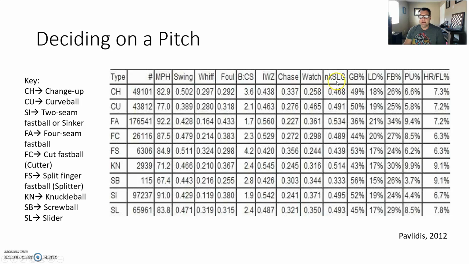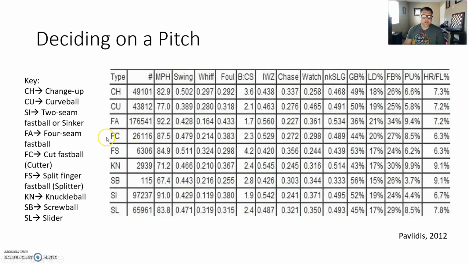The NKSLG is your non-strikeout slugging percentage. So just as we had BABIP, which is batting average on balls in play, or your non-strikeout batting average, the NK slugging is your non-strikeout slugging percentage. GB, ground balls, LD, line drives, FB are going to be fly balls, PU, pop-ups, and then home run to fly out or fly ball percentage.